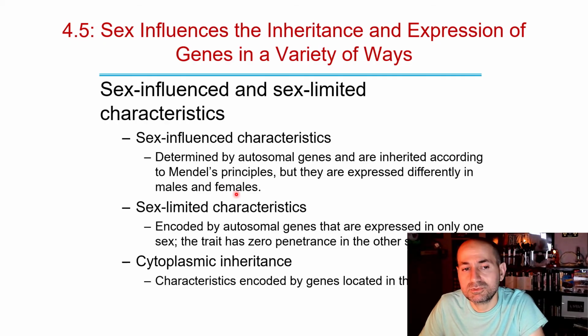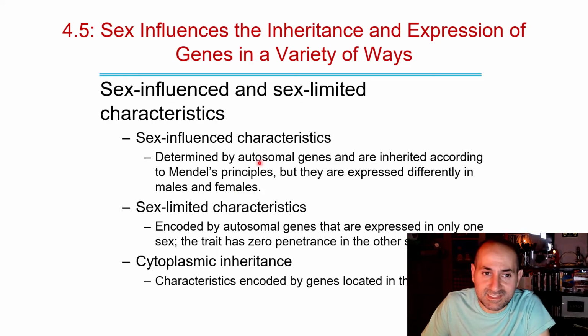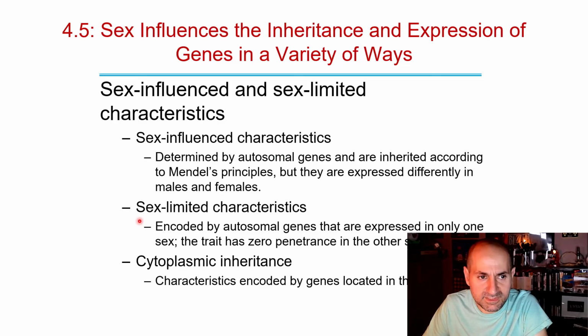So usually it's the sex chromosomes have an effect on these genes, but these genes do not reside on those sex chromosomes. Then there are sex-limited characteristics. These are encoded by autosomal genes that are expressed in only one sex, and these have zero penetrance in any other sex.